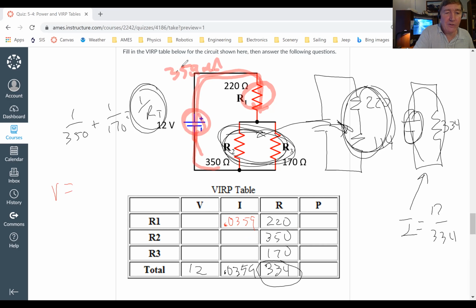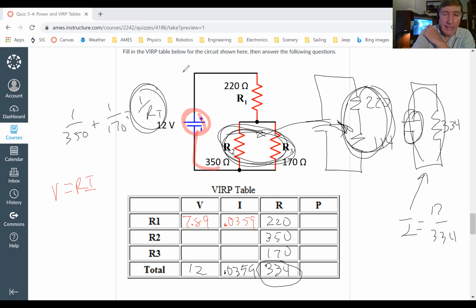So we know V equals R times I. All right, so if R is 220 and I is 0.0359, so that tells me that the voltage across R1 is 7.89 volts.